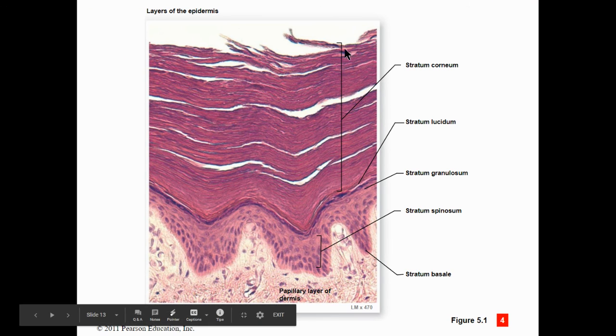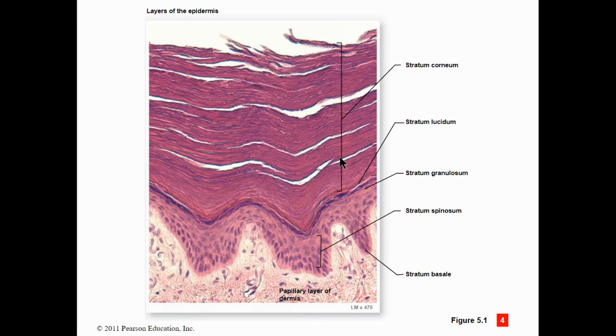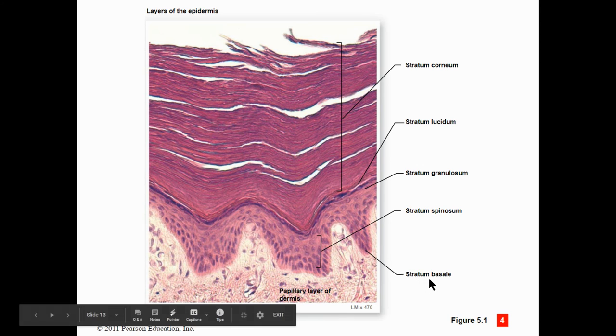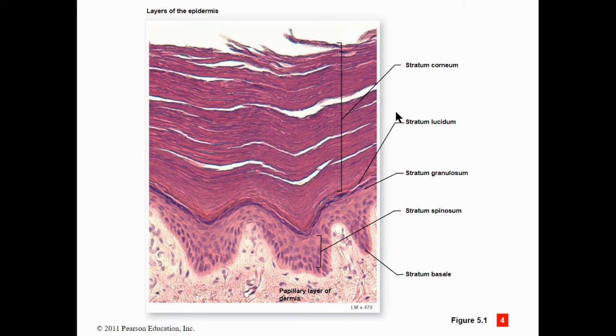So here we've got our 5 layers. So our largest layer is the stratum corneum, and we know we're looking at thick skin because we have 5 layers: stratum corneum, stratum lucidum, stratum granulosum, stratum spinosum, and stratum basal. If this was thin skin, then we wouldn't have the lucidum here. So the presence of the stratum lucidum indicates that this is thick skin, and it can be found on the sole of your feet and the palms of your hands.